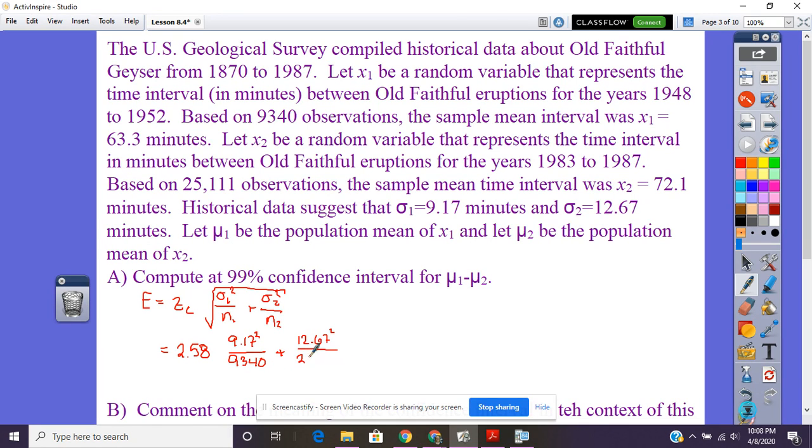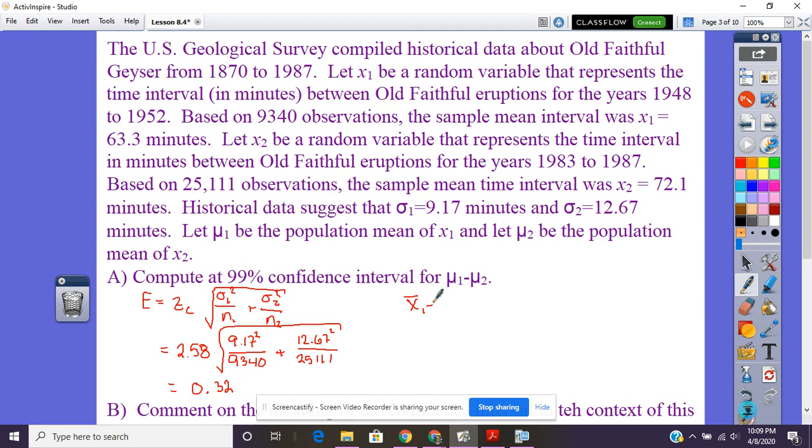It has 25,111 observations. And this is the calculation that we'll now have to do. And we get 0.32.